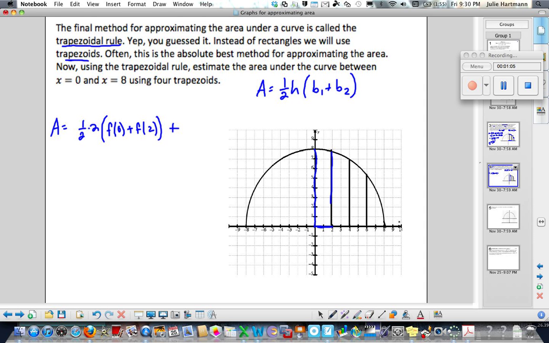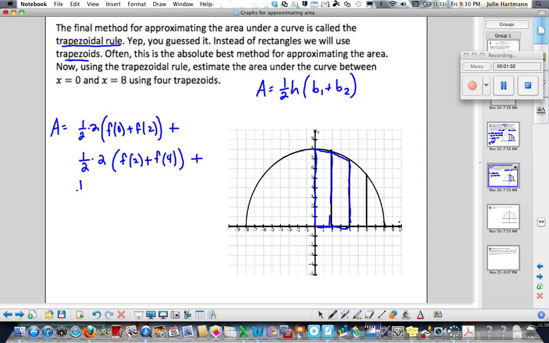Our second trapezoid, 1/2, and if you look at the trapezoid, it's right there. Our height again is 2, so 1/2 times the height times our base 1 is f of 2, and then base 2 is f of 4.